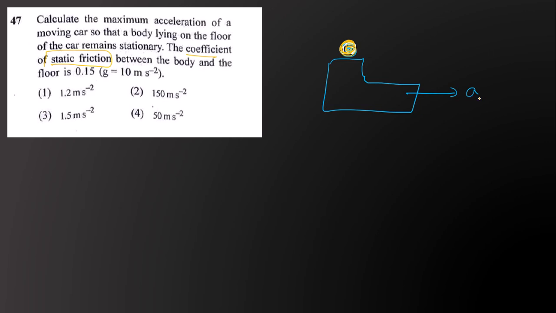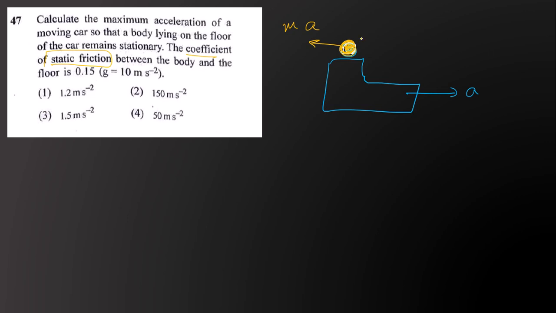Let's say the acceleration of the car is a, thereby the pseudo acceleration will be a. Now the force on this particular body due to pseudo force will be ma. This is not the resultant force, by the way.